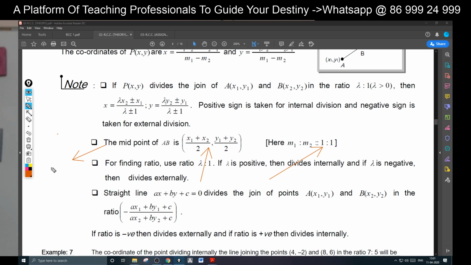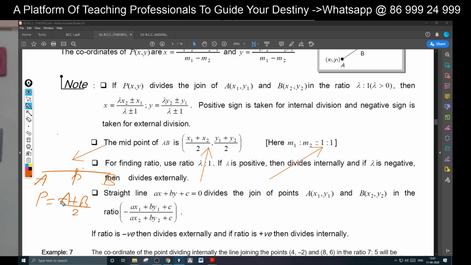If you have a line segment AB and the midpoint is P, then P is equal to A plus B by 2. In the vector form also, you will get the same, A bar plus B bar by 2.